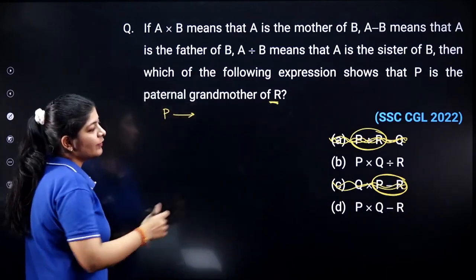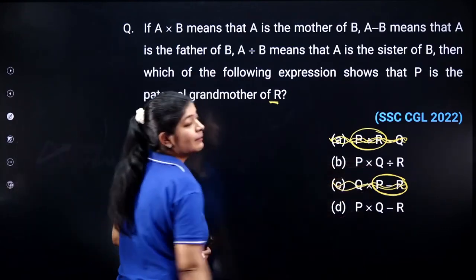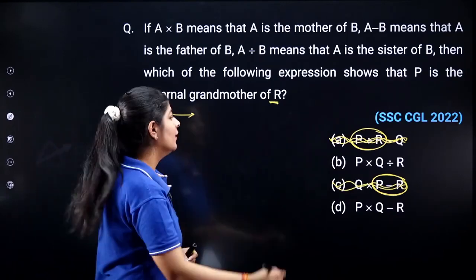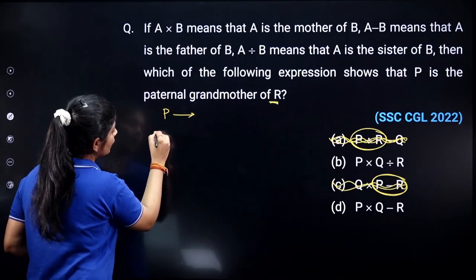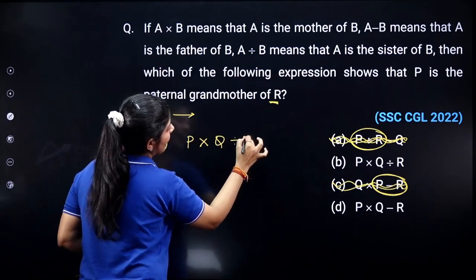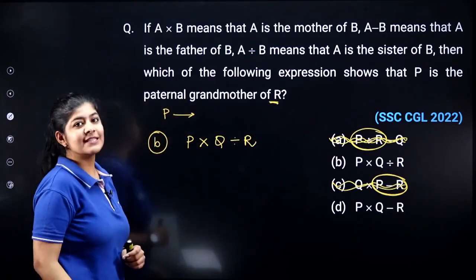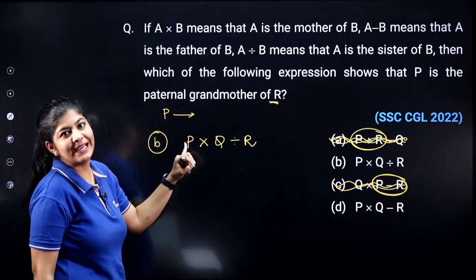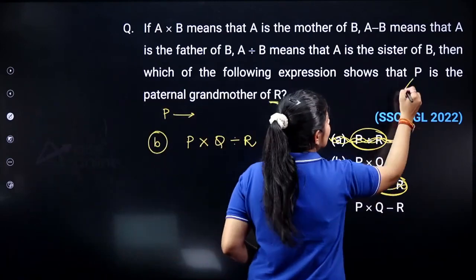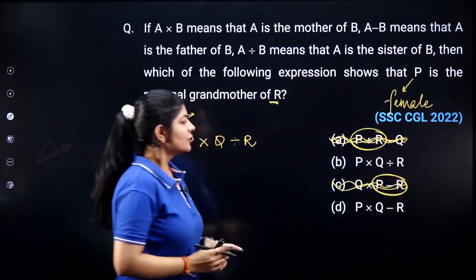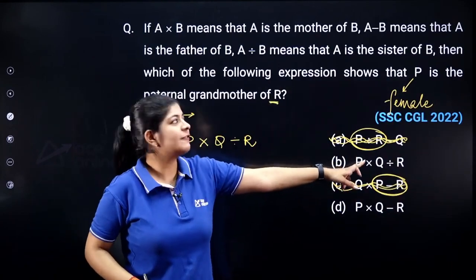Now if I go with this option, here we have multiplication, and the multiplication sign means mother, okay? So if I talk about option B, P into Q divided by R. First, I'll check the gender of P, because we need P as a female. Are we getting P as a female?